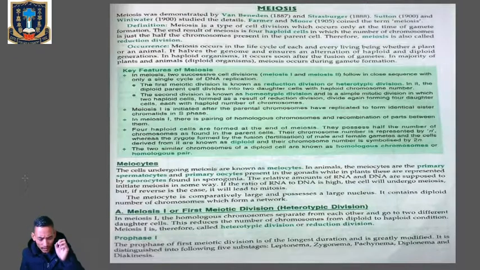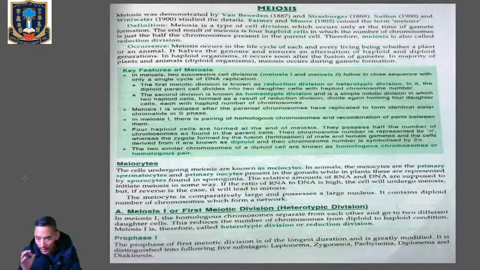Okay. Next thing is that meiosis 1 is initiated only after the parental chromosomes have replicated to produce identical sister chromatids at the S phase.